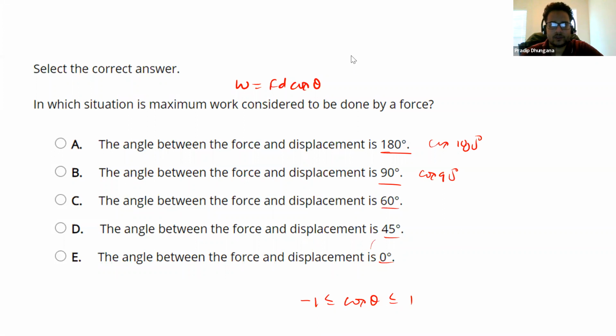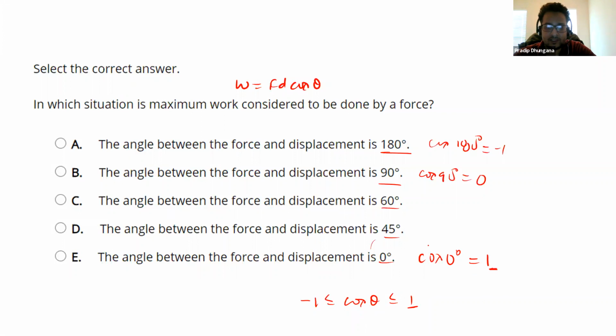Okay, let me close that window and then answer this question. So cosine 180 degrees is -1. Similarly, 90 is 0. Similarly, you calculate all the values if you don't know them off the top of your head. And cosine 0 degrees is 1. So the maximum value of cosine of any angle is 1.